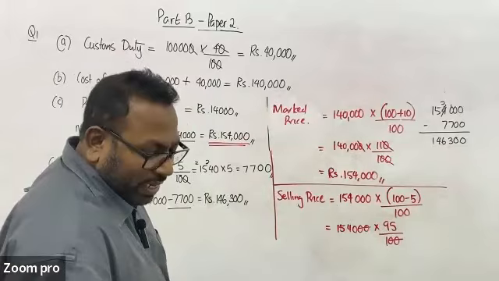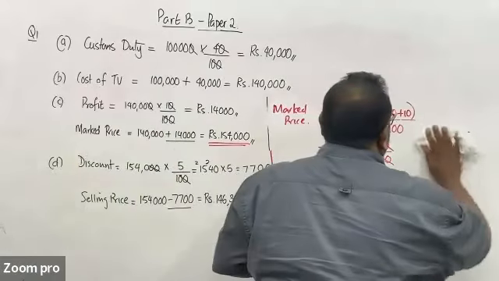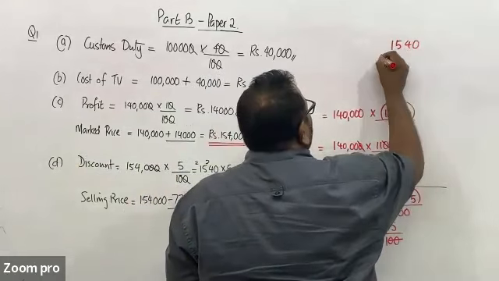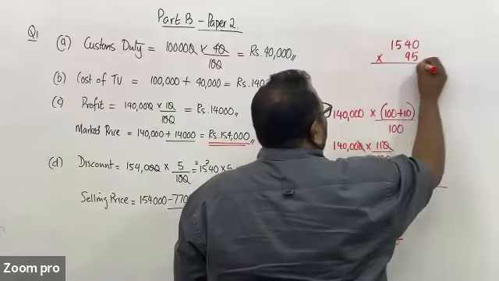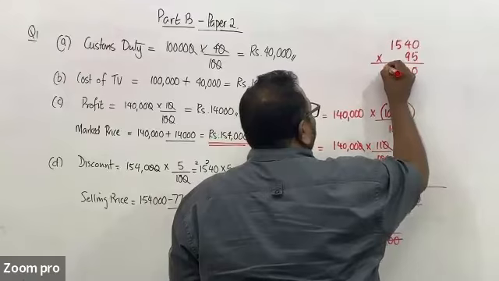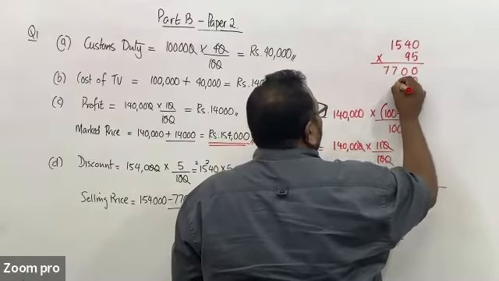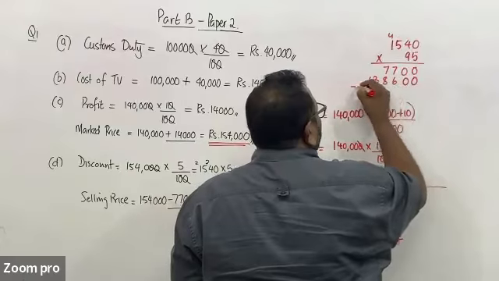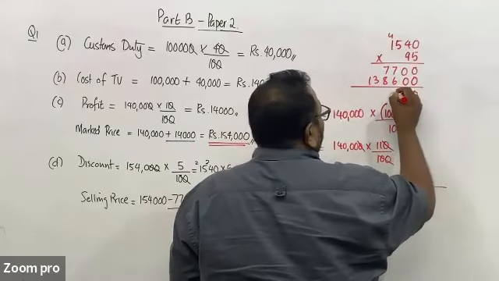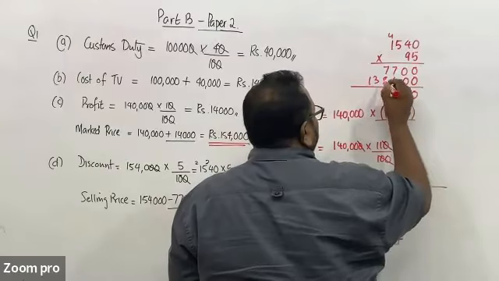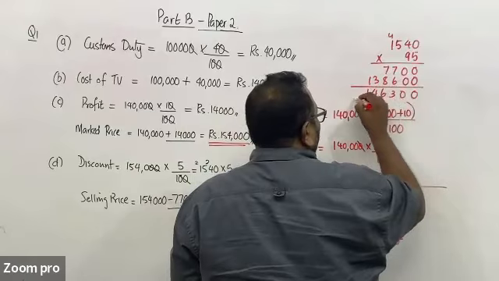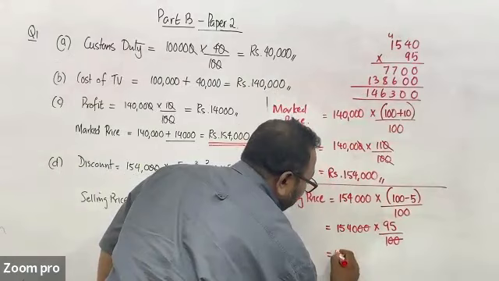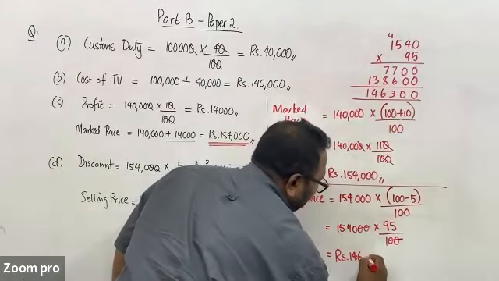1,540 multiplied by 95. I'm going to calculate that. You're getting 146,300, which is your selling price.